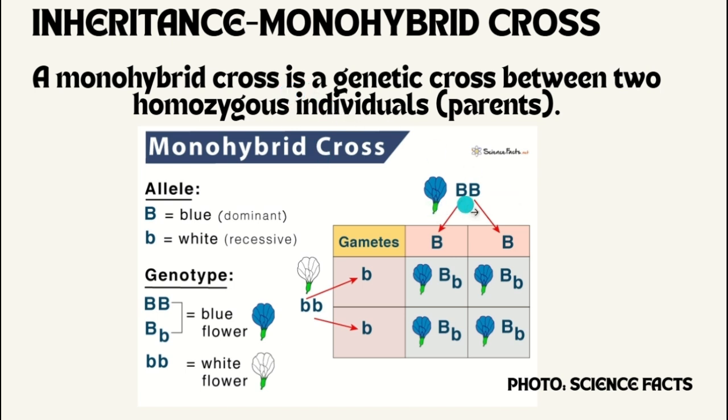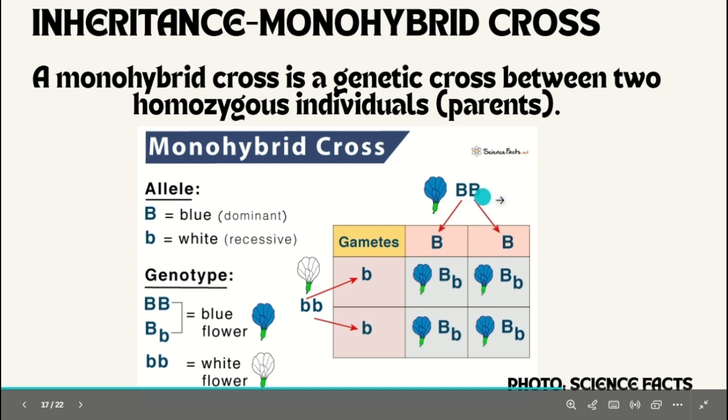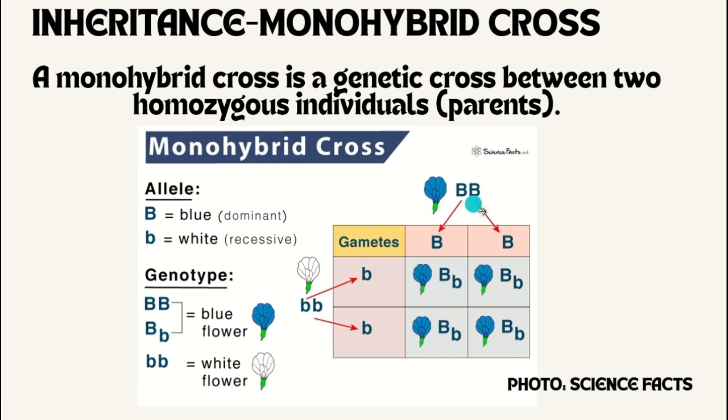We said homozygous, you can have homozygous dominant and also homozygous recessive. So if you cross a homozygous dominant with a homozygous recessive, let's do a different example, let's say flowers.